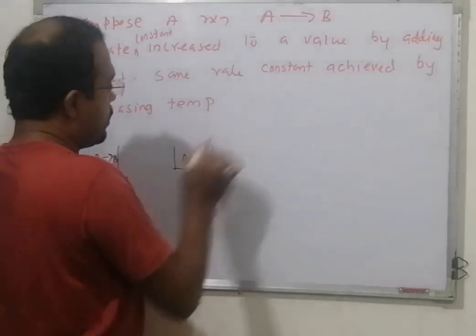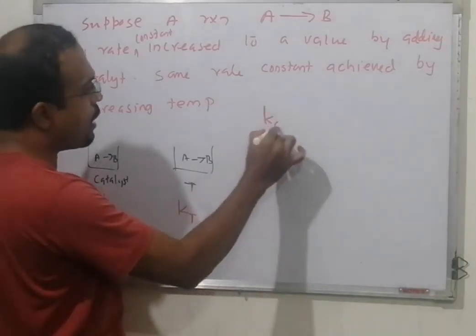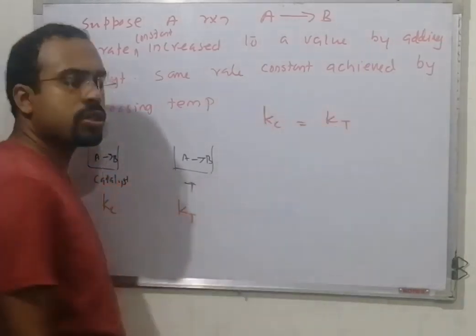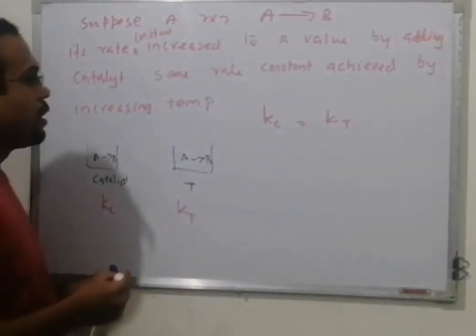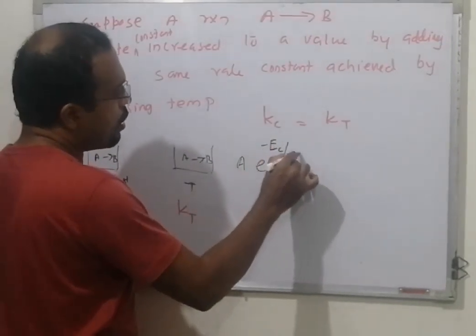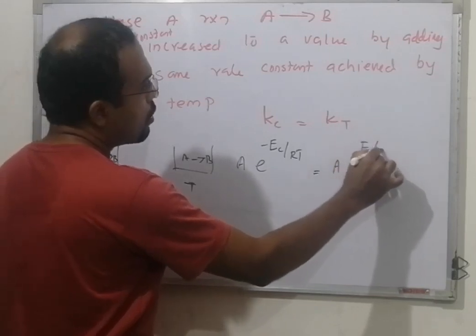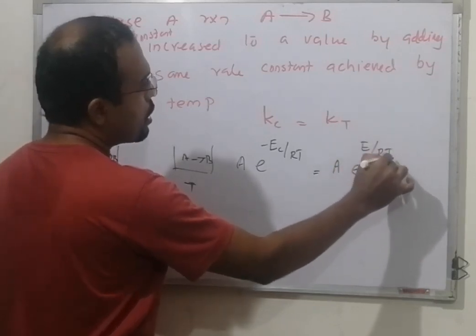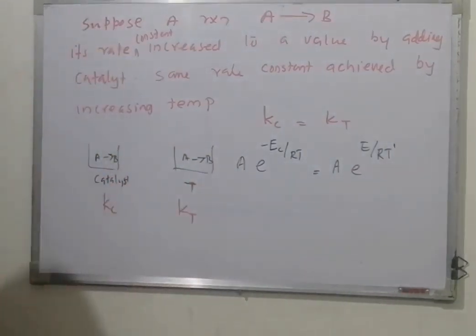Therefore, this is the rate constant Kc, this is Kt. Therefore, Kc is equal to Kt. The rate constant with the catalyst is equal to the rate constant with temperature. Therefore, A into e raised to minus Ec by RT is equal to A into e raised to minus E by RT dash. Put T dash, a different temperature.